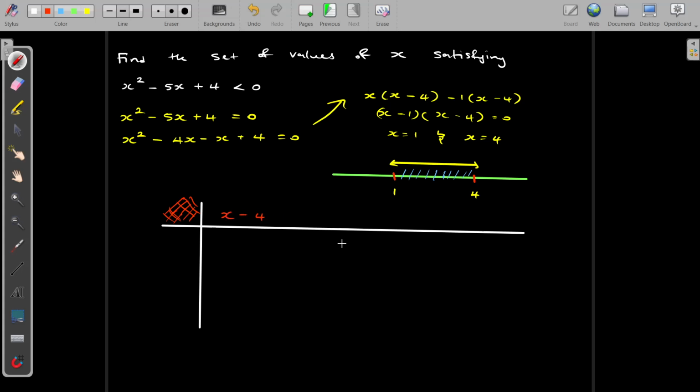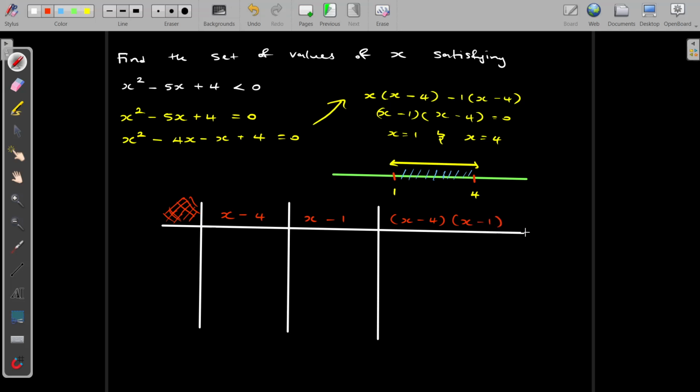That's one of the factors, right? Another factor, x minus 1. And if we combine both of these factors, it's going to be x minus 4 times x minus 1.